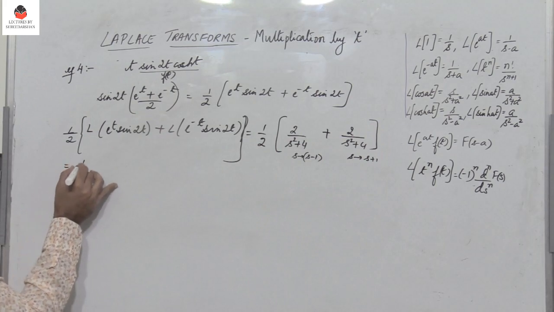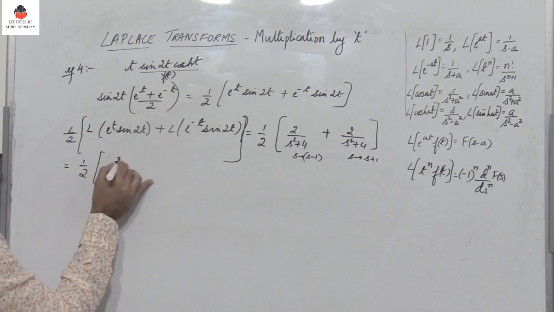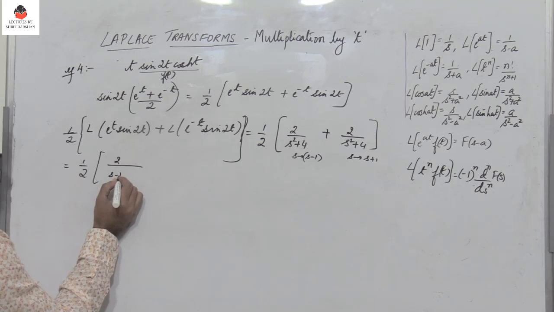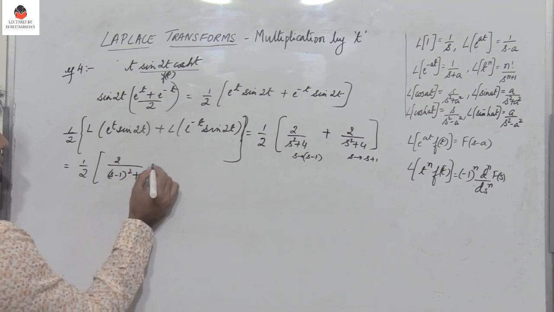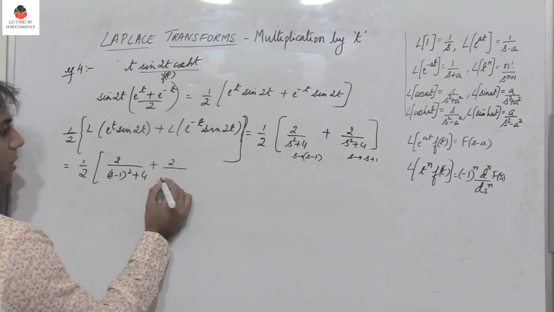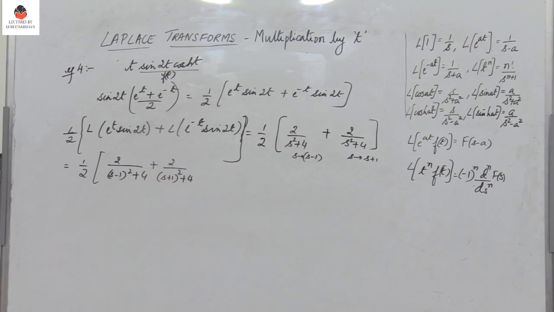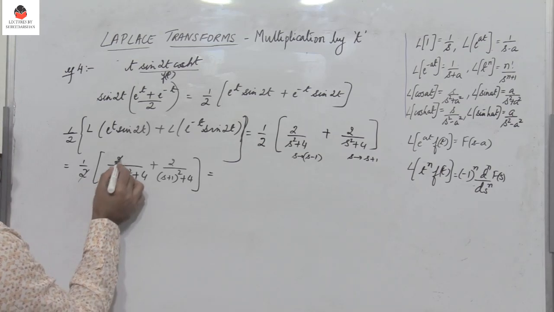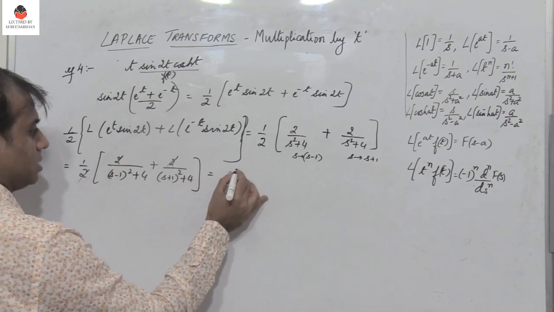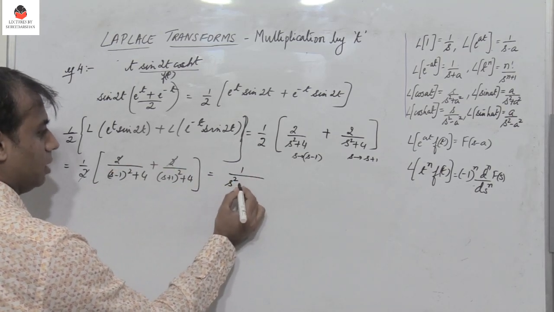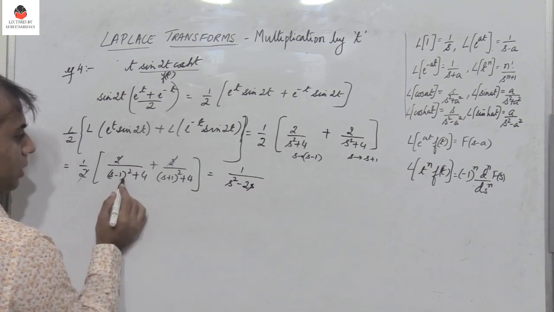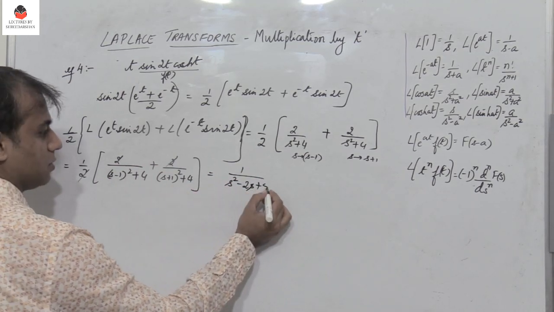So this would be equal to 1 by 2. 2 divided by s minus 1 the whole square plus 4 plus 2 divided by s plus 1 the whole square plus 4. So this is equal to, so 2 gets cancelled. So this is 1 divided by s square minus 2s plus 1 plus 4 is plus 5.